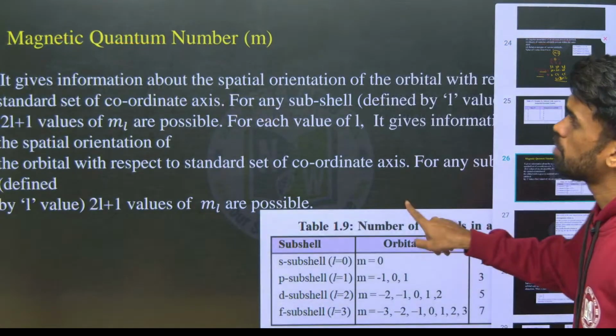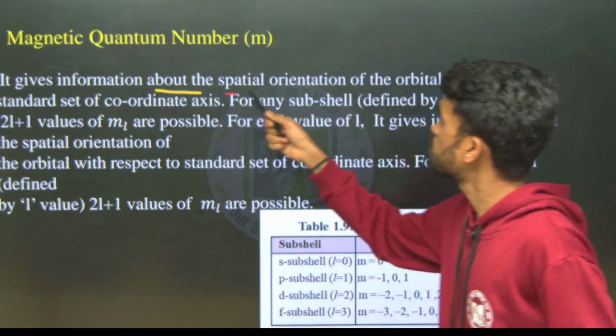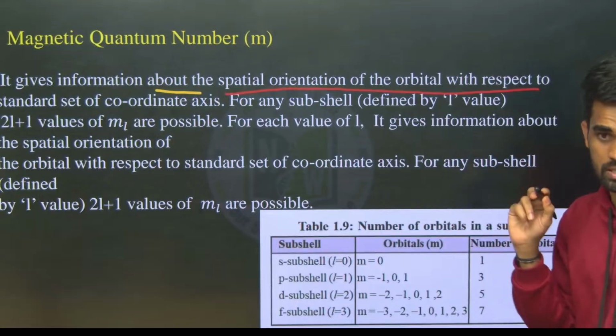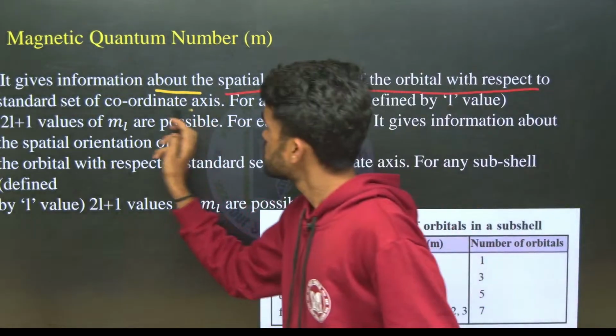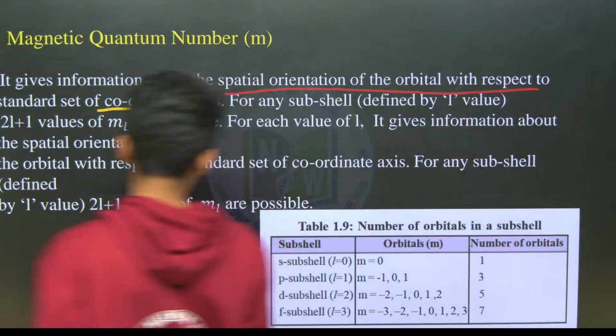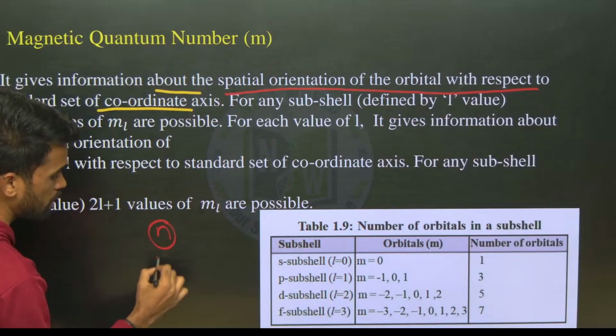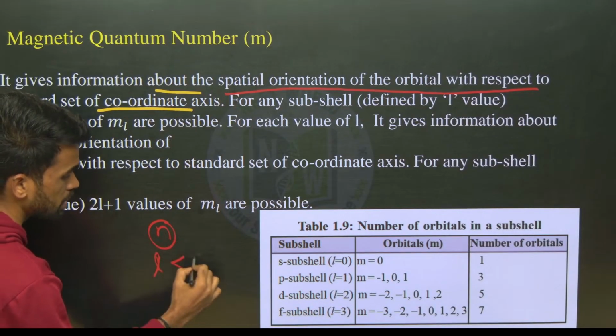Next we have the magnetic quantum number. This gives information about the spatial orientation of orbitals with respect to the standard coordinate axis. For a possible n value, as we discussed, L will always be less than n.